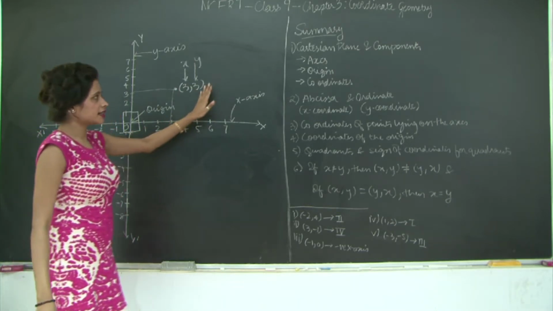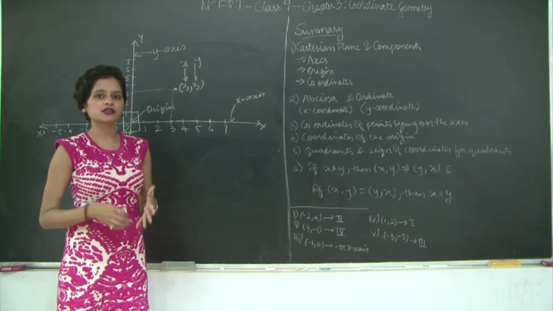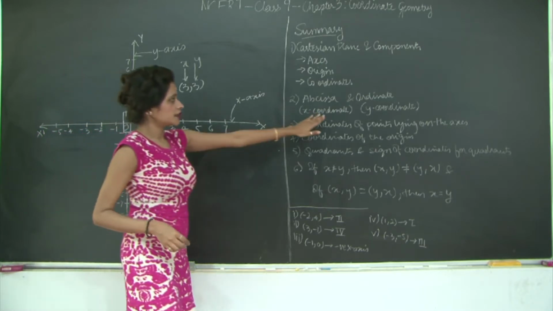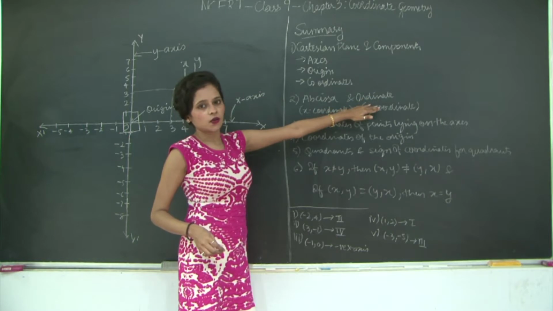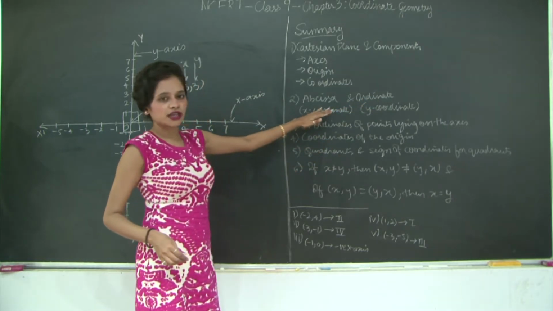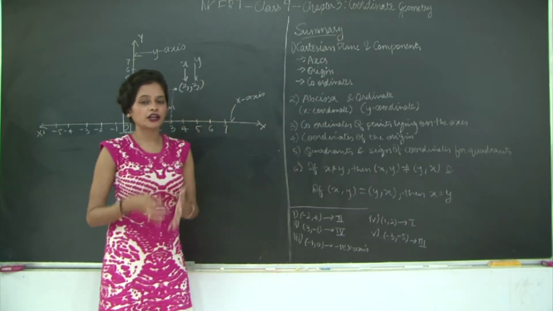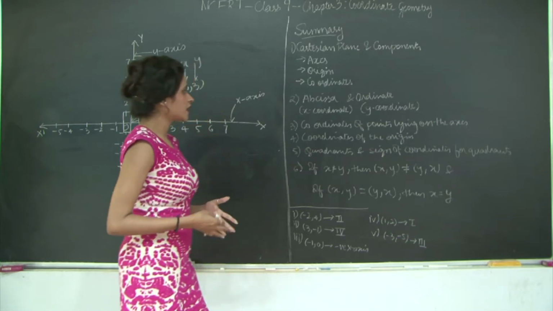So this is the representation of coordinates using their parameters. So your coordinates are represented using two parameters belonging to the x axis and to the y axis. The x coordinate is also known as the abscissa and the y coordinate is also known as the ordinate. We just saw the terms x coordinate and y coordinate, which are nothing but the perpendicular distance from the y axis and x axis respectively.